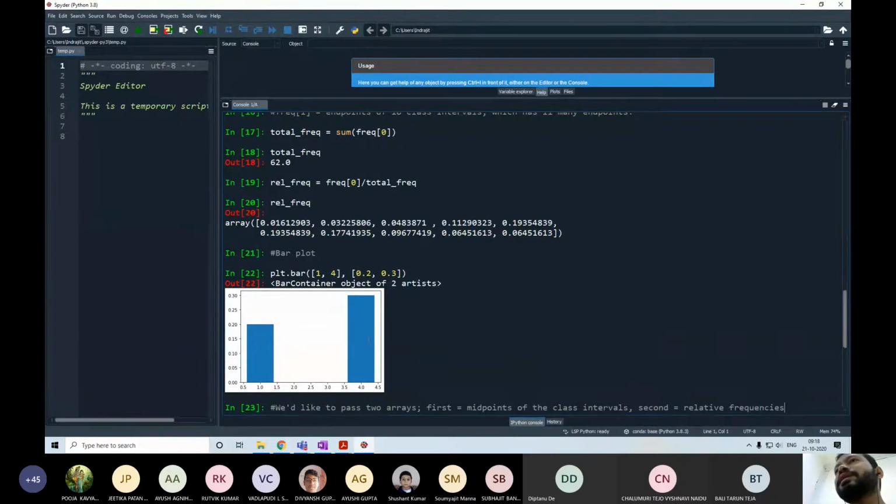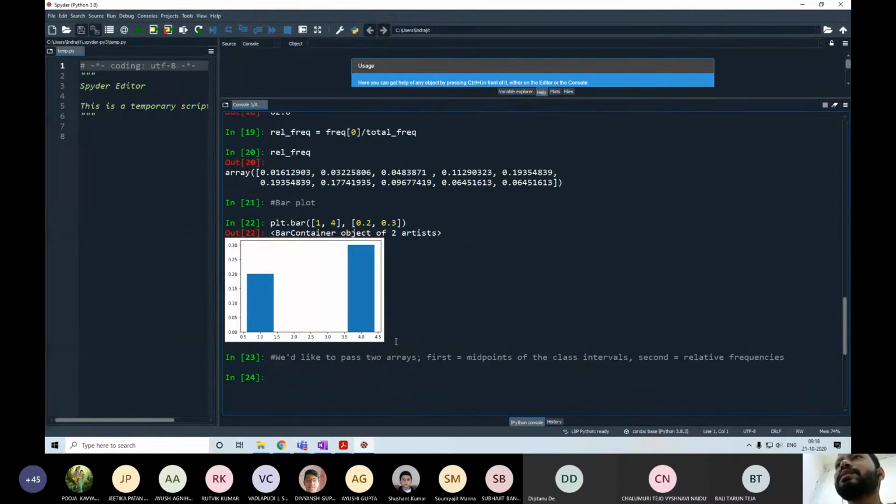Once you do this, you will get a bar plot like this. I don't know if you're following this. Okay, we already have the second array, which is stored in relative frequency.